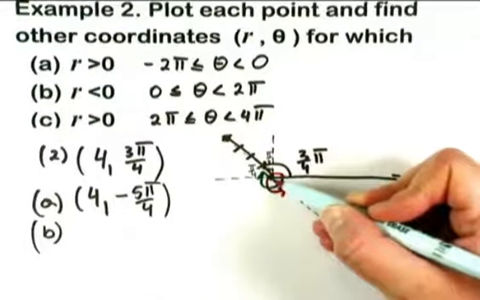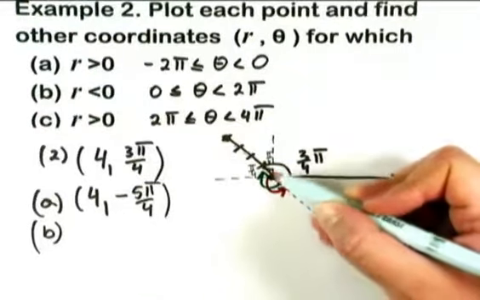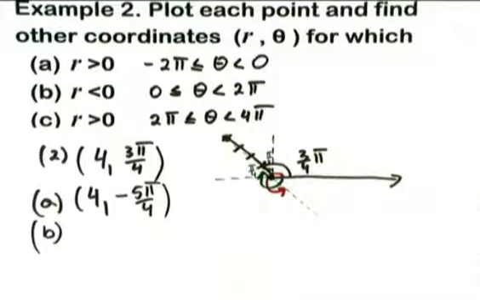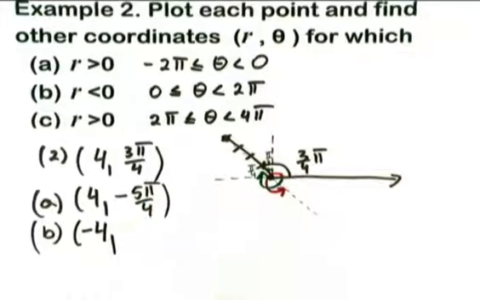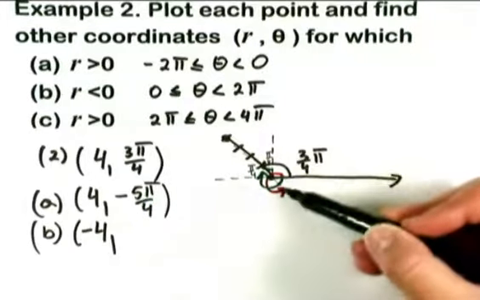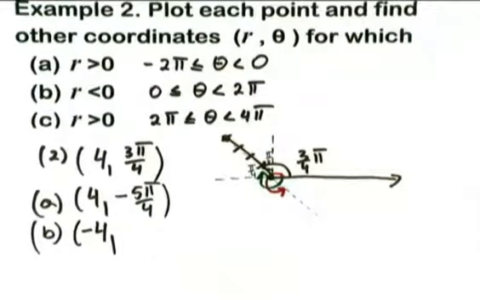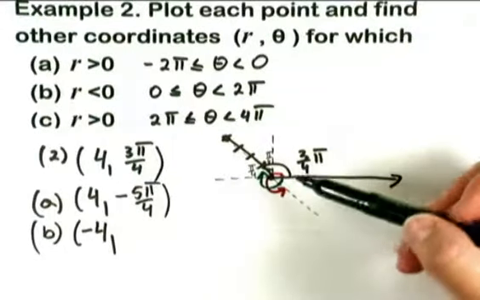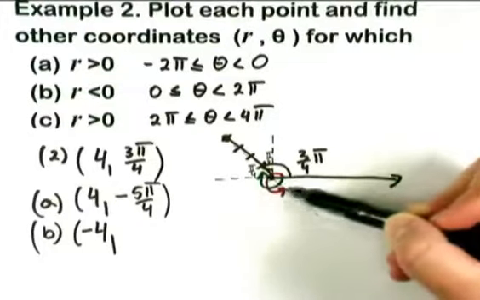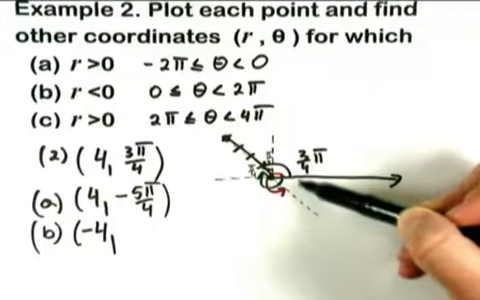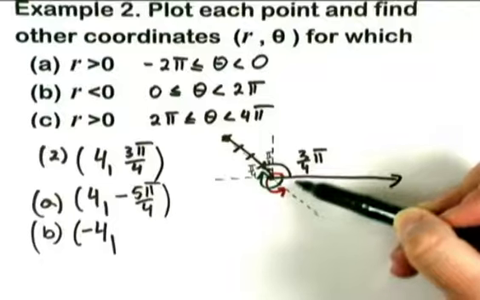And then for the negative direction, I would go on the other side. So the coordinates is going to be -4, and we need to figure out what that angle is. The red angle on my diagram, the whole rotation is going to be 2 pi, and we are short of 1/4.